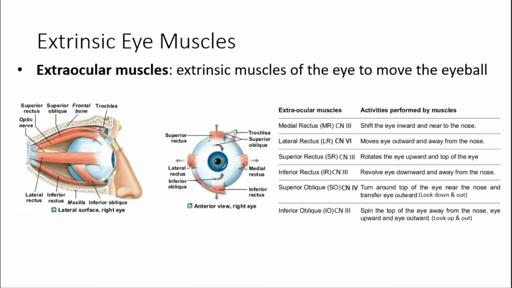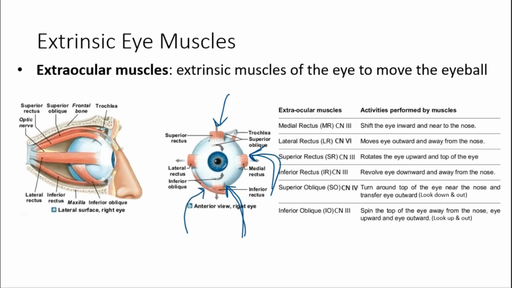The extraocular muscles that are innervated by cranial nerve number 3, the oculomotor nerve, are the superior rectus, the inferior rectus, the medial rectus, and the inferior oblique.